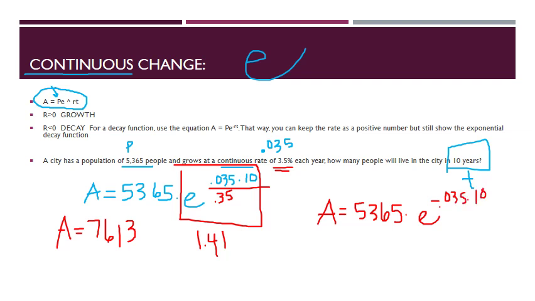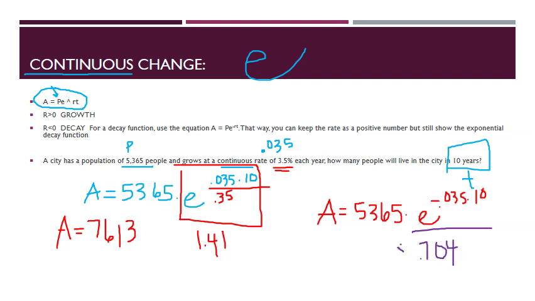Okay, and now, again, you're just going to punch that into the calculator. I know it's wonky, but when you do 0.35 negative times 10, and then you raise E to that power, so raise E to the power of negative 0.35, equals, I'm getting that just this E raised to the power is 0.704 and so on.